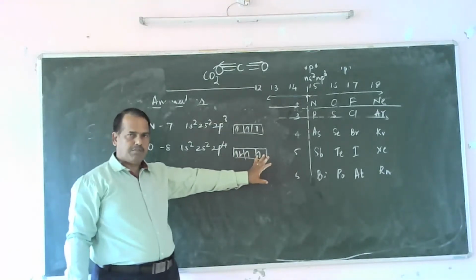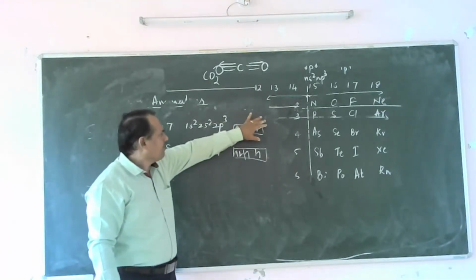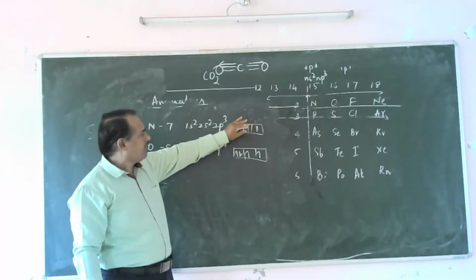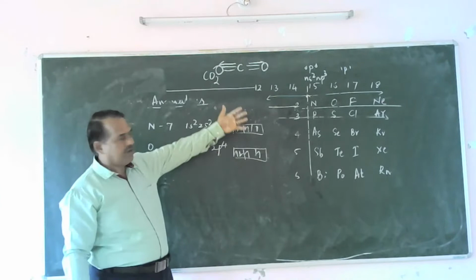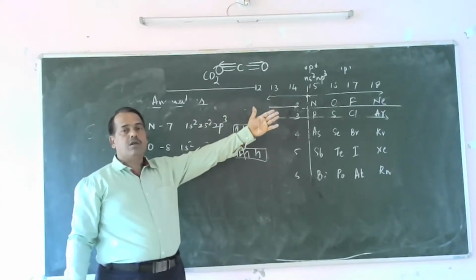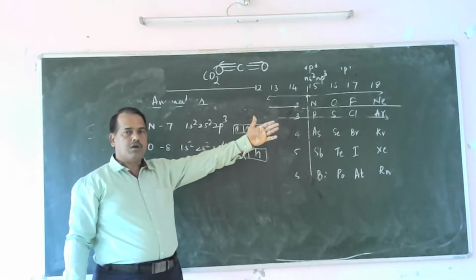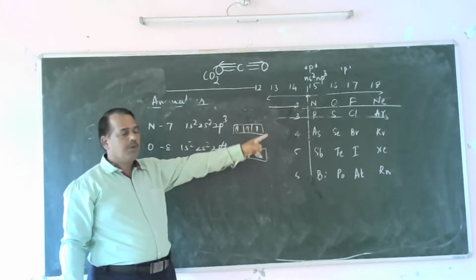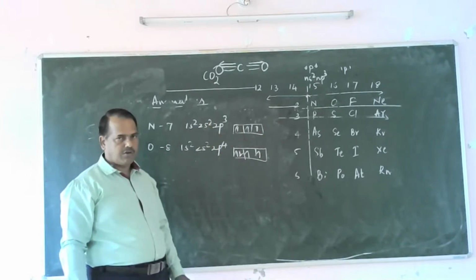Energy is uniformly distributed in nitrogen across all three orbitals, so ionization enthalpy is a little more. Along the period, ionization enthalpy increases, but there is a small change between nitrogen and oxygen because of this interaction.